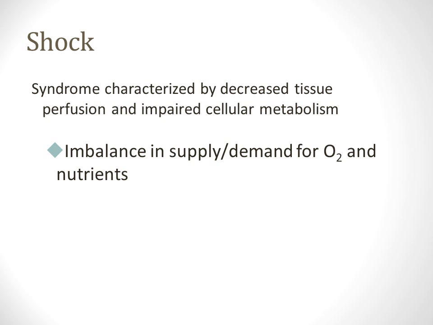In all types of shock, the cells lack adequate blood supply and are therefore inadequately oxygenated. That inadequate oxygen leads them to do anaerobic metabolism, producing much less ATP, much less energy.